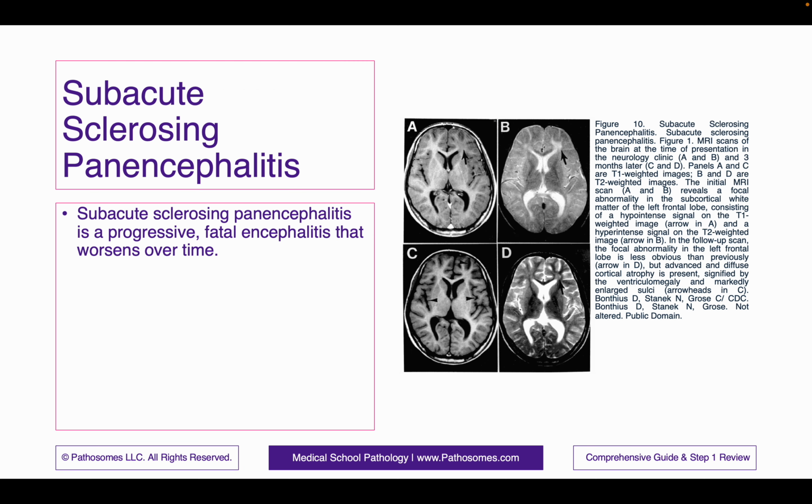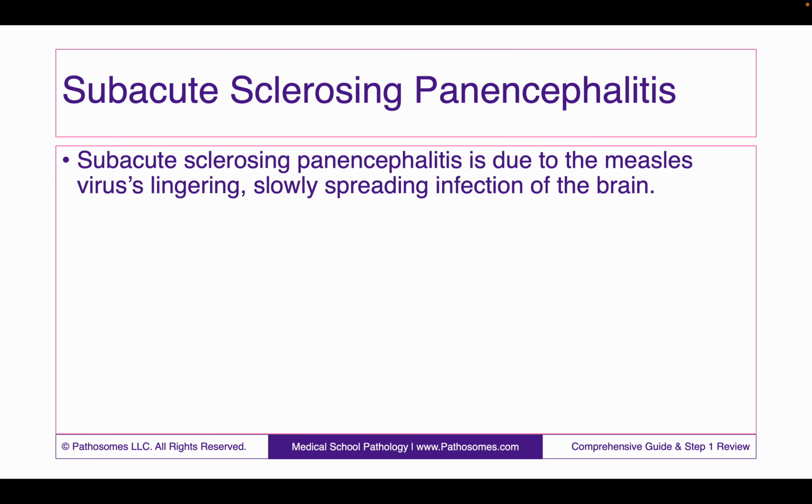Now let's move on to another commonly tested condition known as subacute sclerosing panencephalitis. In this condition, it is progressively bad, and it could actually be fatal. Subacute sclerosing panencephalitis is due to the measles virus lingering, slowly spreading the infection throughout the brain.